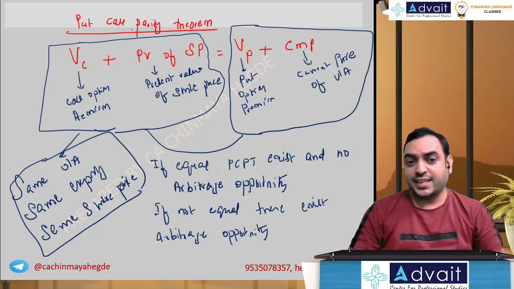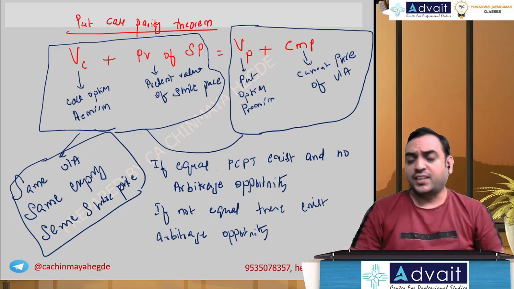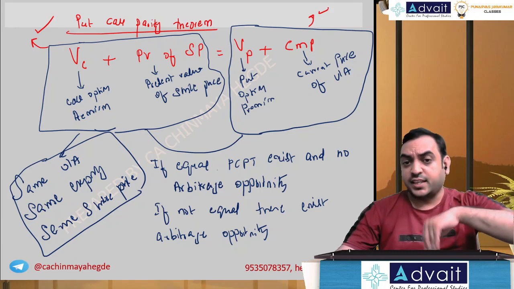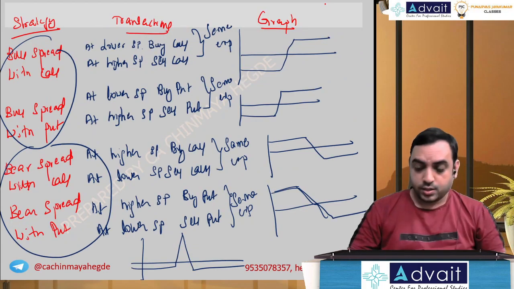Now, two things can happen. If it is not equal, then only the arbitrage exists. Not equal means what? Either the left hand side is greater or the right hand side is greater. Only two situations possible.